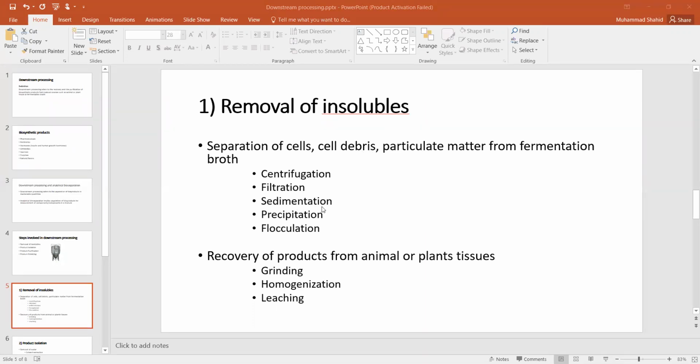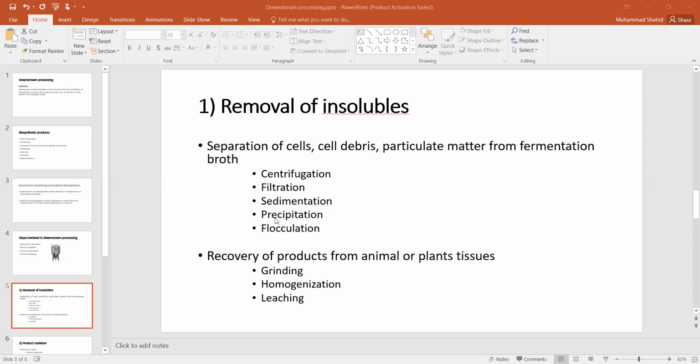And sedimentation is another step. We sediment all these cells, debris and particulate matter at the bottom, and separate out the liquid containing the desired products. And we could also precipitate.